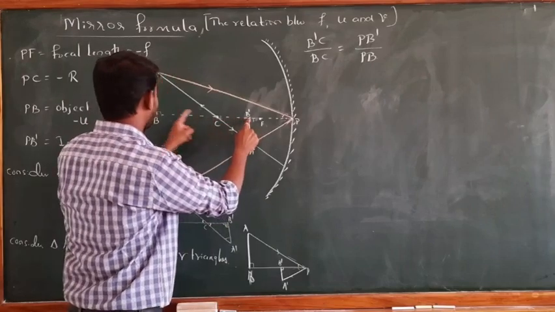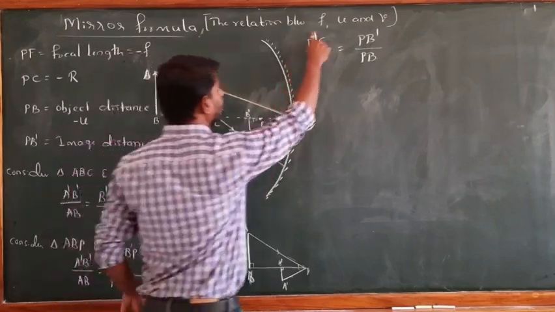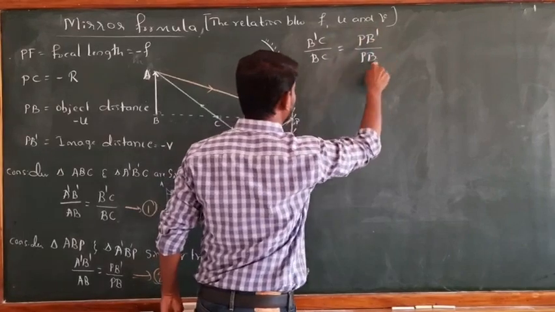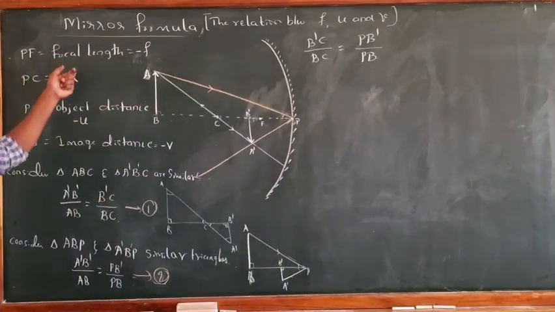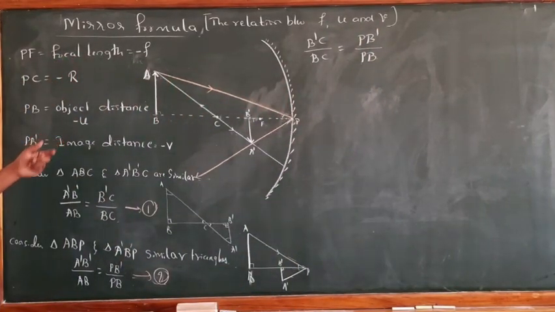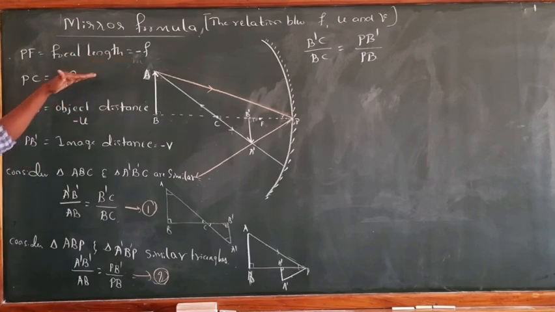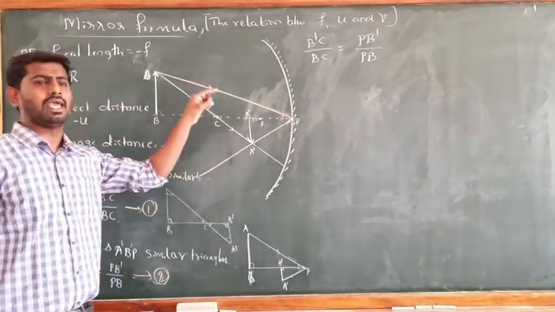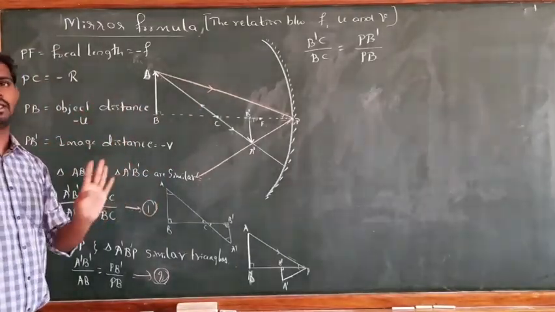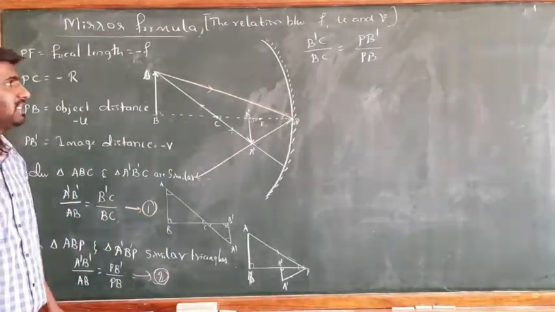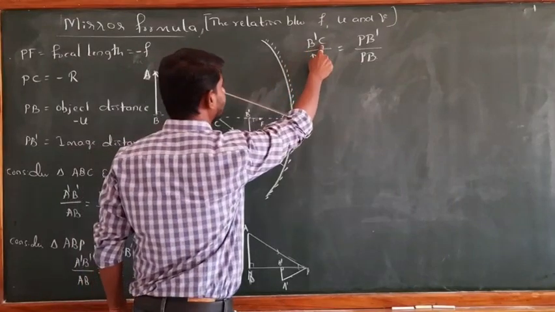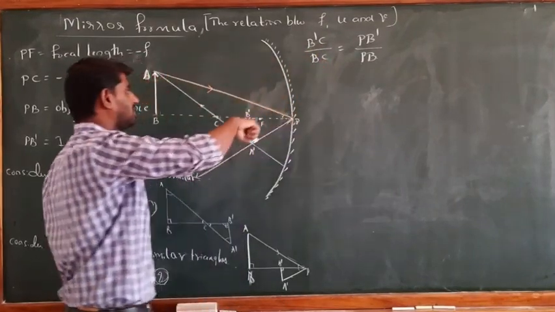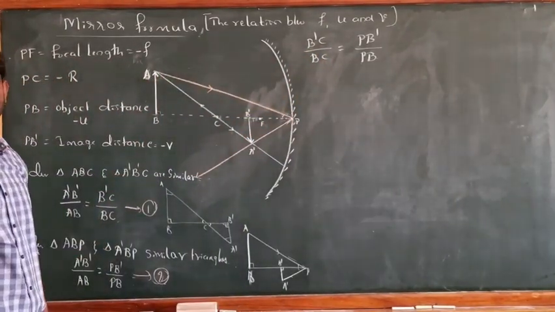We should write all these values in terms of our known terms. We have only four terms: F, R, U, V. We should express everything in terms of U, V, F and R only, so I want to write B dash C and BC in terms of these known values.